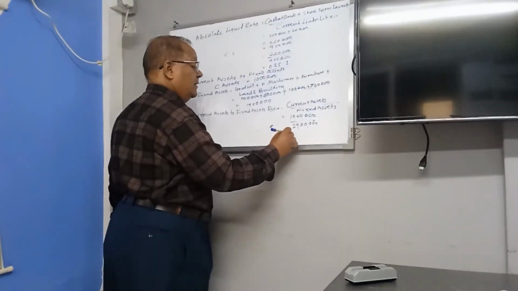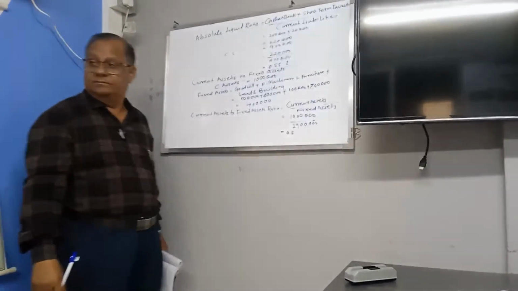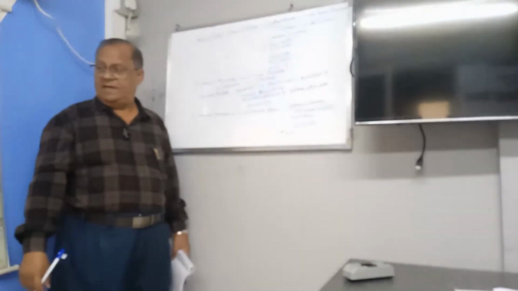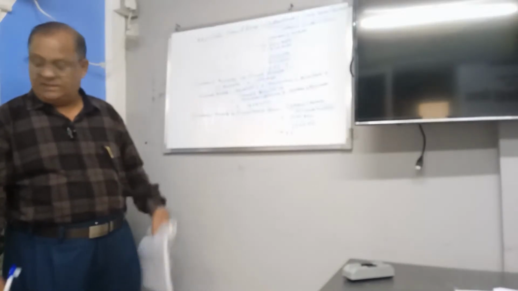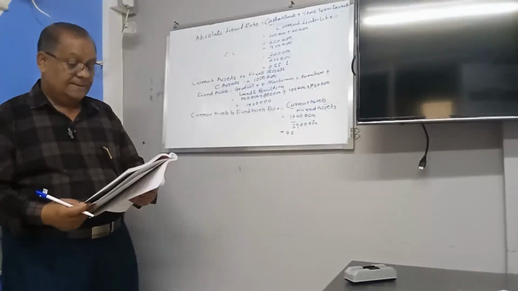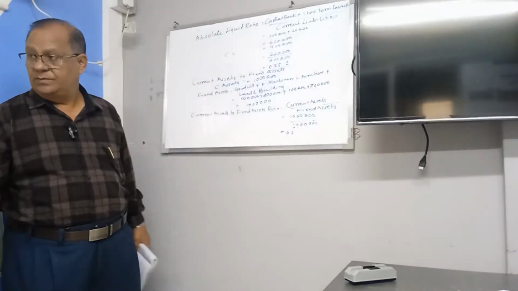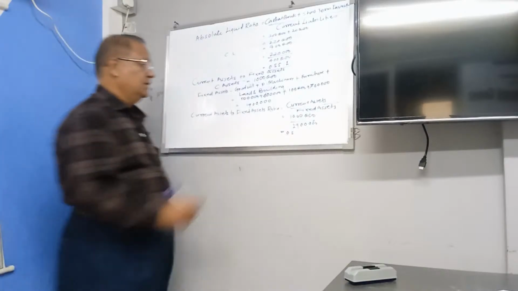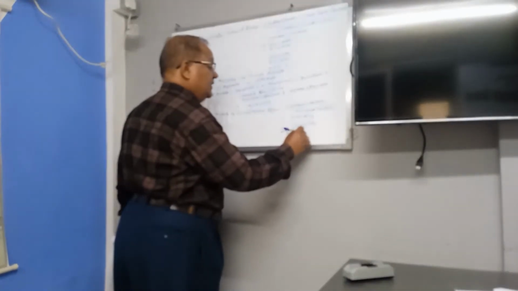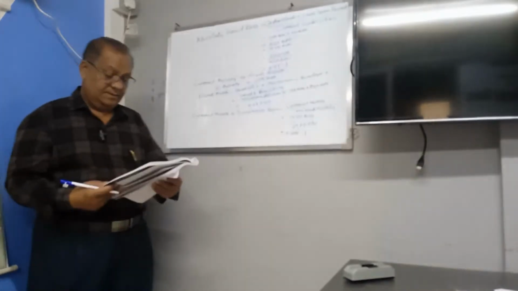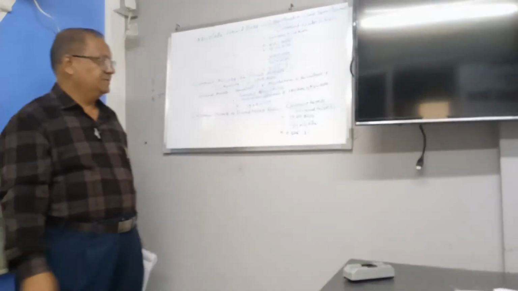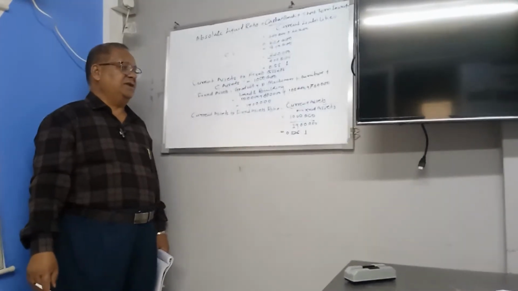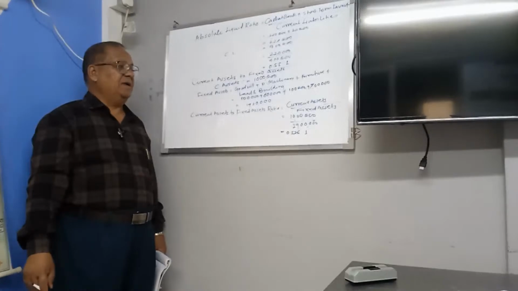How much will you get? 0.526 is to 1. Note down up to this moment: current assets to fixed assets ratio is current assets divided by fixed assets.